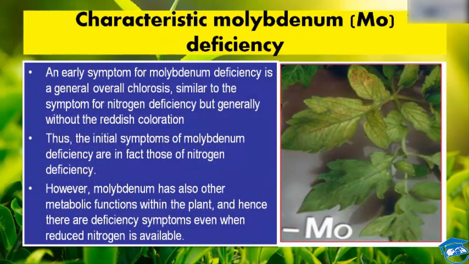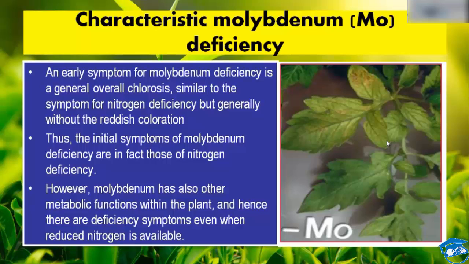Now come to the molybdenum deficiency, students. Plants obtain molybdenum in the form of molybdate ion, that is MoO4 2-. Molybdenum is a component of several enzymes including nitrogenase and nitrate reductase, both of which participate in nitrogen metabolism. An early symptom of molybdenum deficiency is general overall chlorosis. That means the entire leaf becomes chlorotic, similar to the symptom of nitrogen deficiency, but generally without reddish coloration.